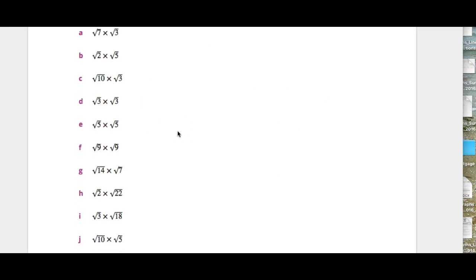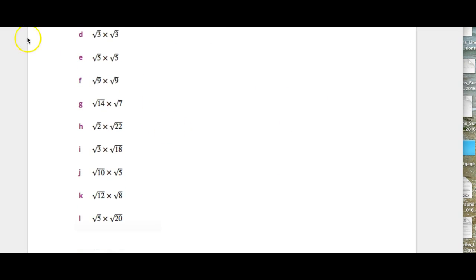Okay, let's see if there's another one. Let's do K. So K, we have the square root of 12 times the square root of 8. Now you can simplify these surds before you multiply them. There are 2 ways to do that, so let's do that first.